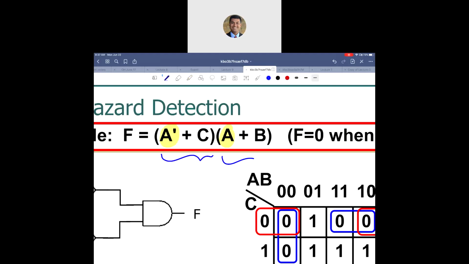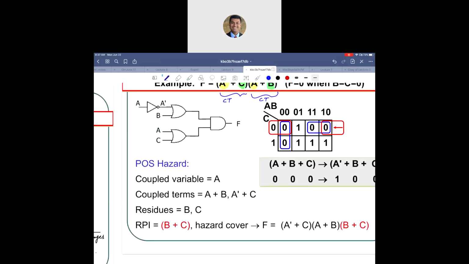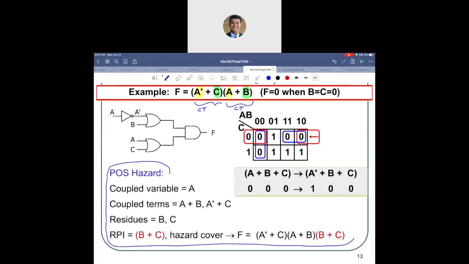Coupled term here, coupled term here, because A is part of both. What is the residue? Residue would be B, C. What would be the RPI? It would be B or C. So it should be very straightforward. That's what we did very quickly.